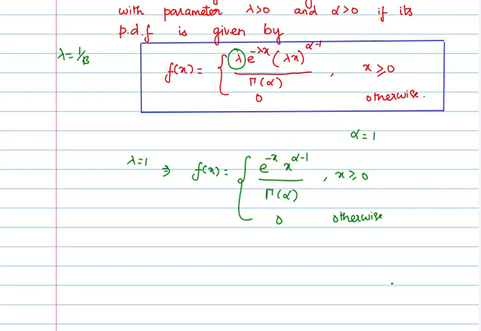This is known as the standard gamma distribution.